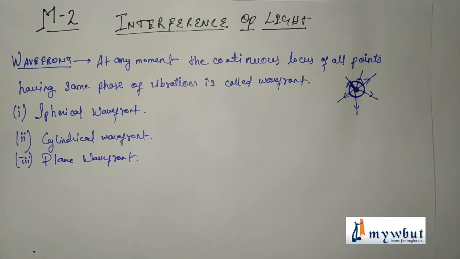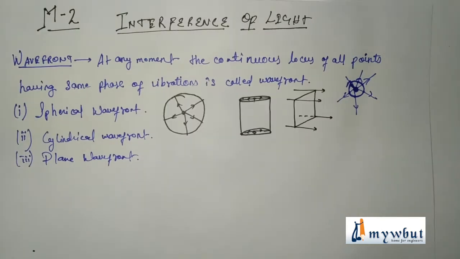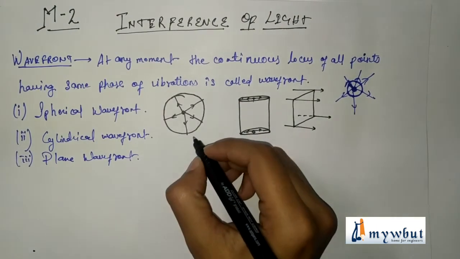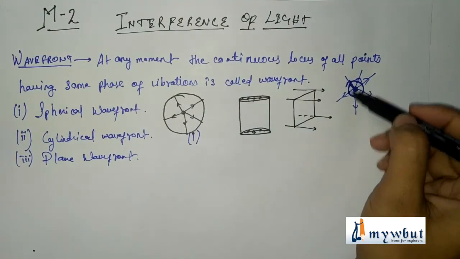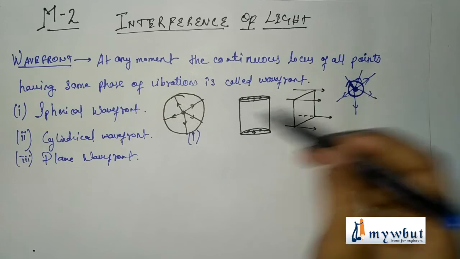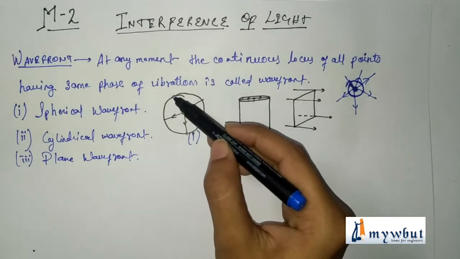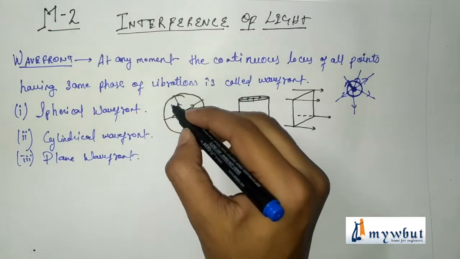So let me draw all the wavefronts for you all. As you can see, I have already drawn the three diagrams. This is number one, that is spherical wavefronts. The example I have set up here is of spherical wavefront. Let us consider the distance as r.